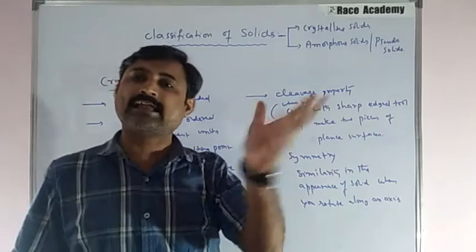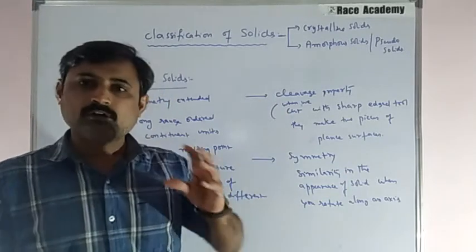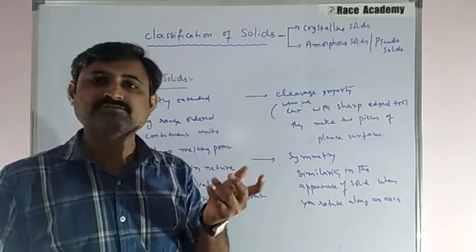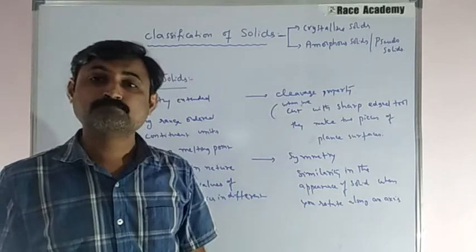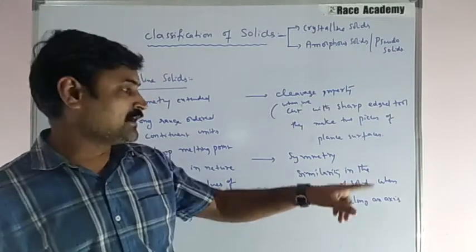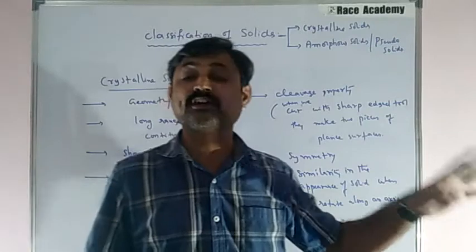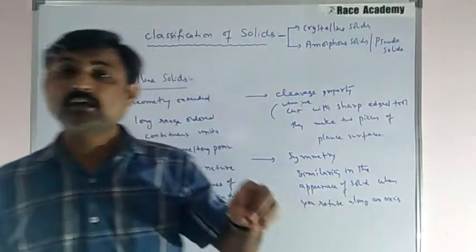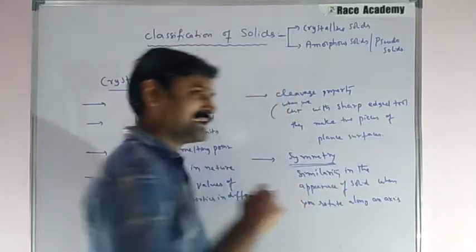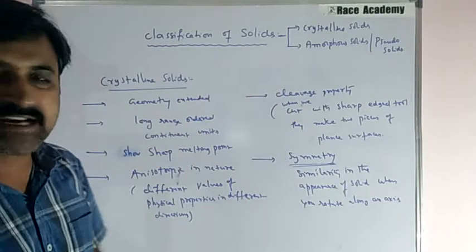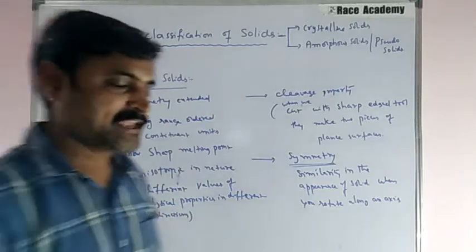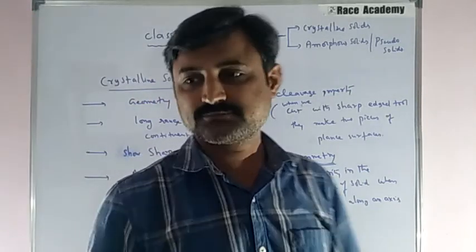Rotation means we are changing the angle of the face of the crystal. When you change the angle of the face of the crystal by rotation and it looks similar, that is called symmetry. So crystalline solids exhibit an important property called symmetry. The symmetry may be of different kinds, we will discuss later on. This is the most important property for the crystalline solids.